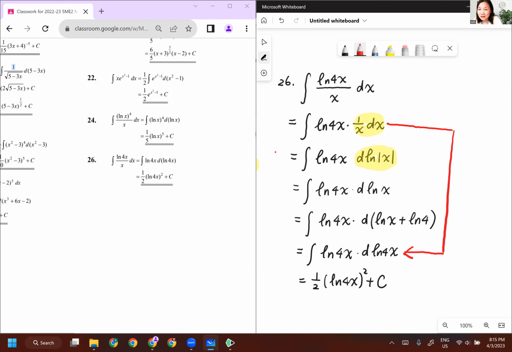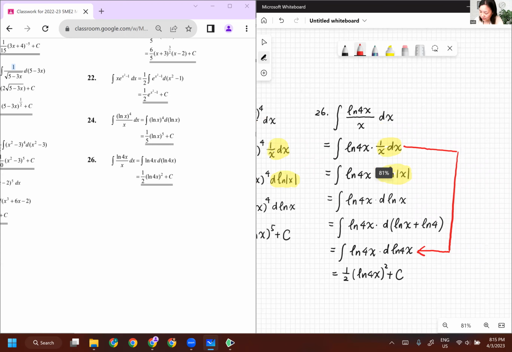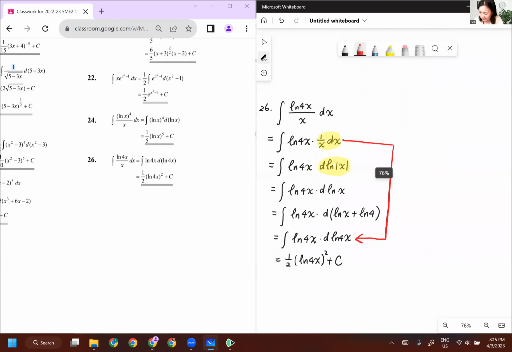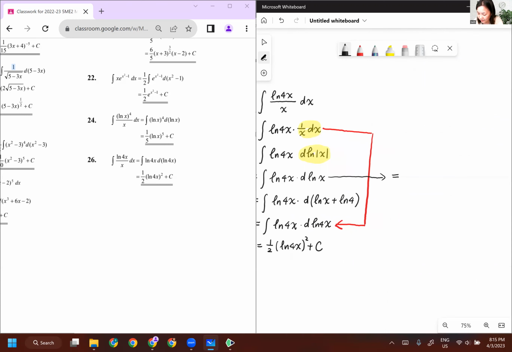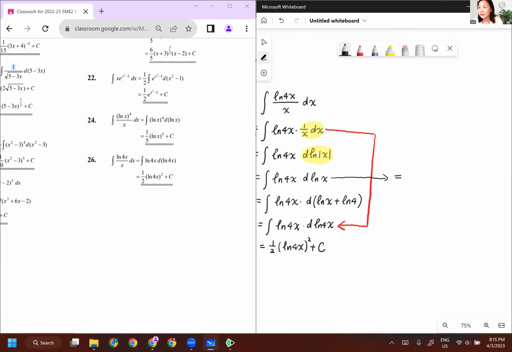I also mentioned that there is another solution. I saw this solution from 2 different students. So if you allow me, from here, I can also go another way. So instead of adding log 4 there, I can also go the other way.